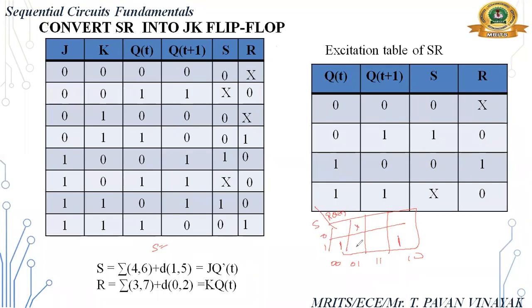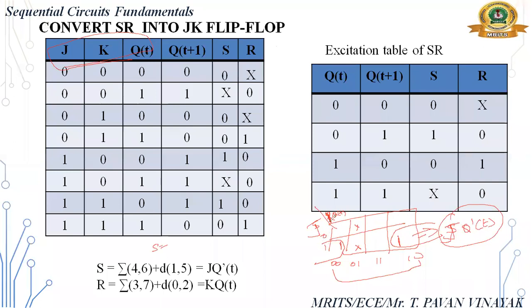This is 1, this is 5. So I am taking this expression. Corners covered, which is a pair. What is the expression for it? Sorry, not S. This is J, this is K. Inputs are J, K, Q of t. So it is J Q bar of t.